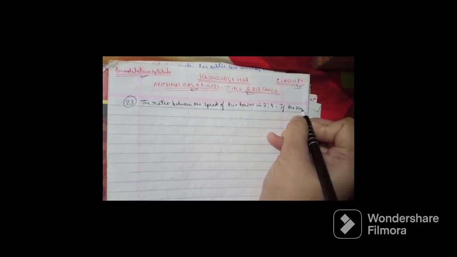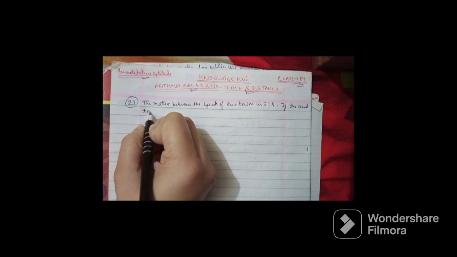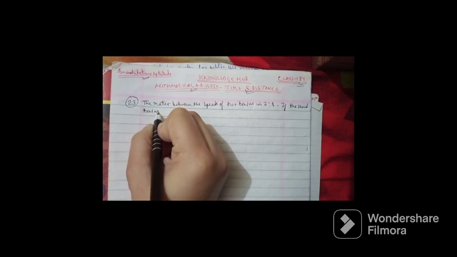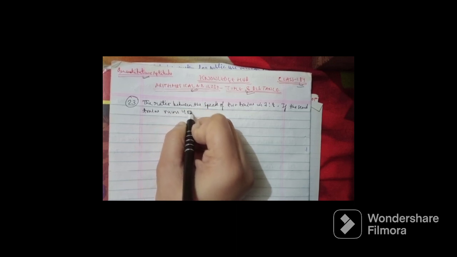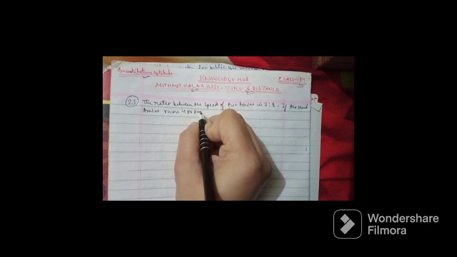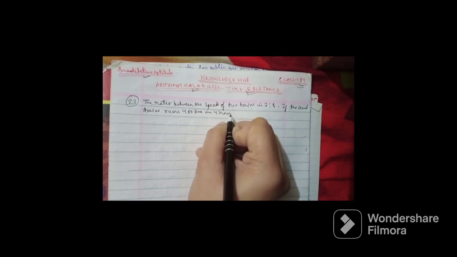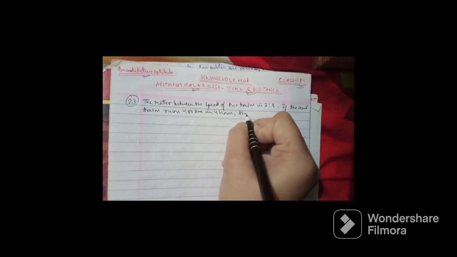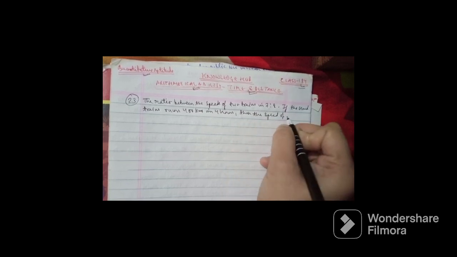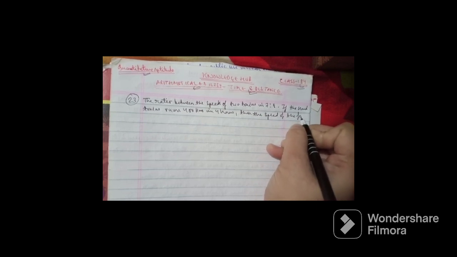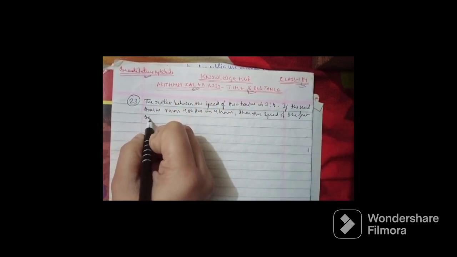If the second train runs 400 kilometers in 4 hours, then the speed of the first train is?